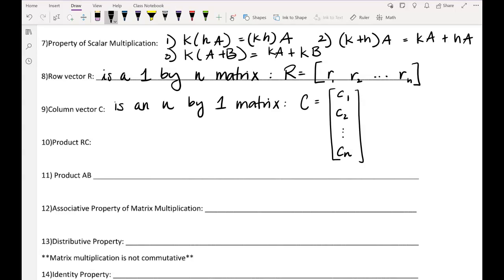The product of R times C, so remember R is one row, C is one column. That means we take your R matrix and we multiply that to your one column matrix.